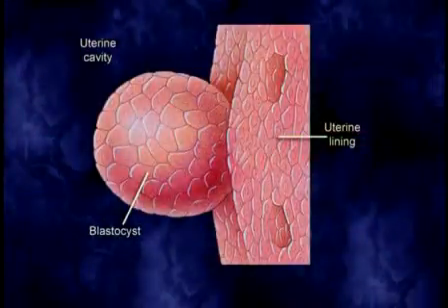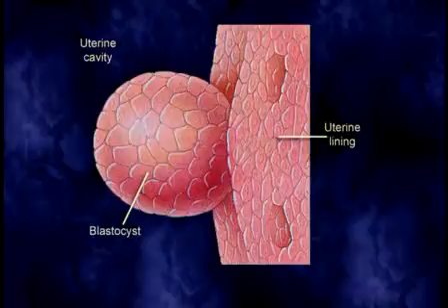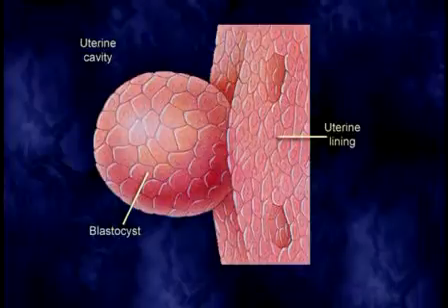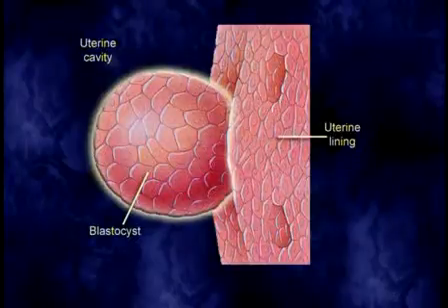Now, when we move on to what's happening in the implanted ball of cells, we get something that looks like this. The hormones now are rising at a very steep rate, and we have something called prostaglandins in the semen that can stimulate uterine contraction and get this ball right to where it wants to be.